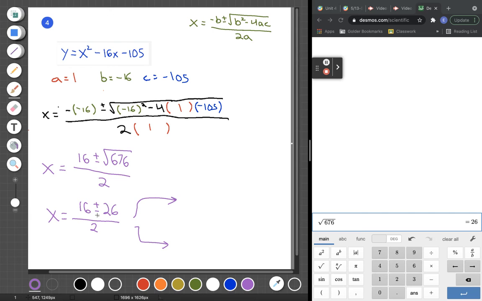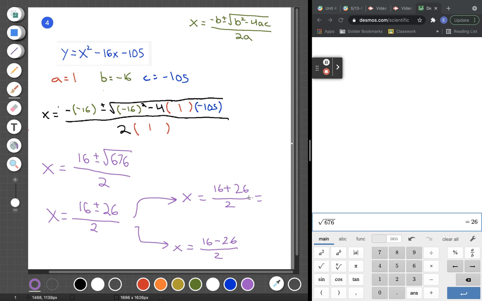One we're going to add, one we're going to minus. So that's where the plus or minus comes from. So one of my problems is going to be x equals 16 plus 26 divided by 2. Okay, and the other one is going to be x equals 16 minus 26 divided by 2.